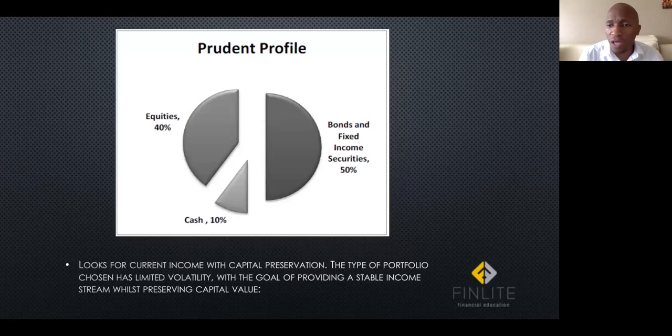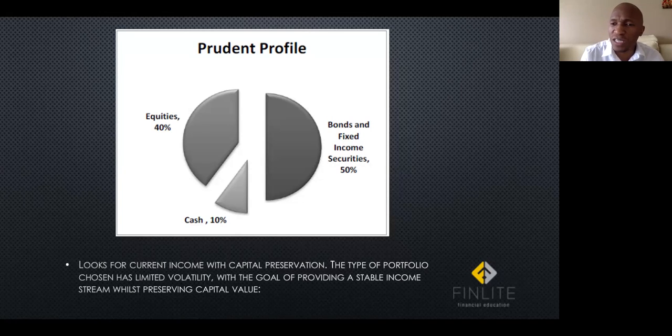And then we look at the prudent profile. What is a prudent profile? You're looking at 40% equity. So there's a little higher exposure to equities. There's still a bit of cash, but it's sitting at 10%. Previously on the conservative one, it was 30%. So this person is willing to take a little more risk than the conservative one. And on the bonds and income securities, they still want to gain some income.